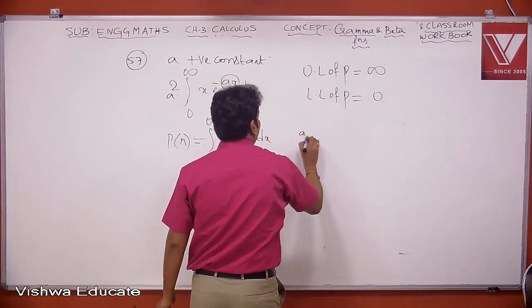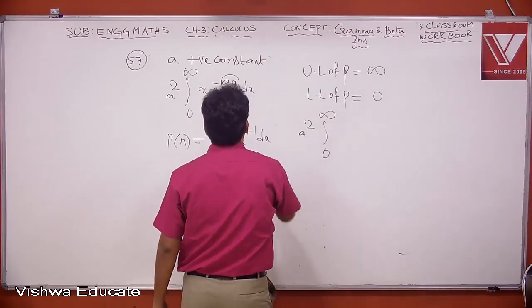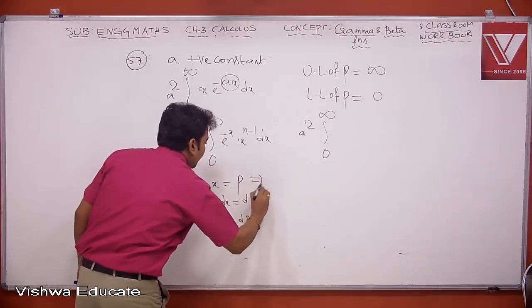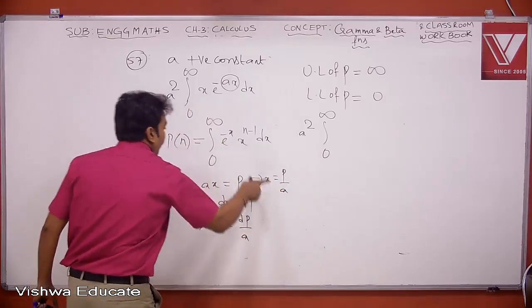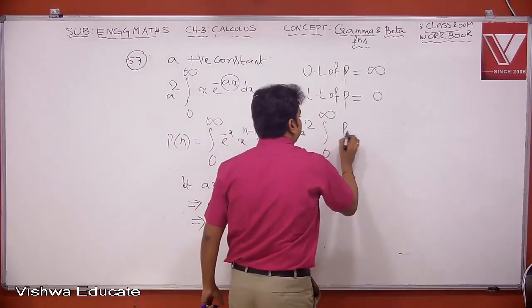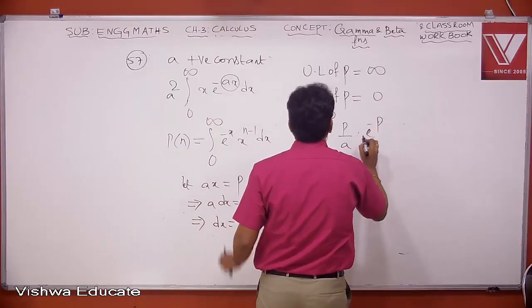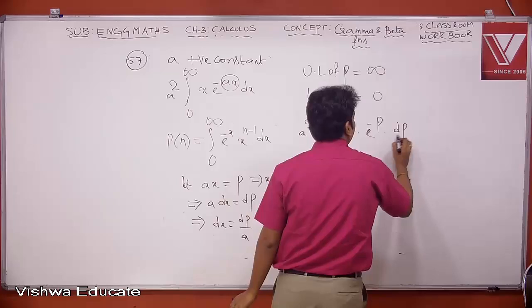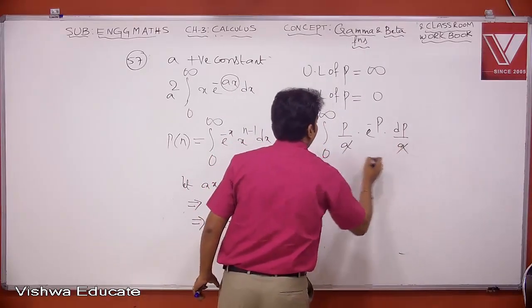Therefore, this becomes a square into, limits are not changing, integral 0 to infinity x. When ax equal to p, what is the x value? X is nothing but p divided by a. So in place of x, we can write p by a into e power minus p. This dx is replaced by dp divided by a. So a square into 1 by a square gets cancelled.